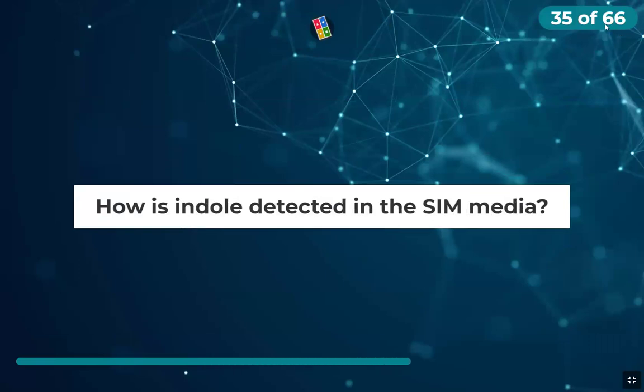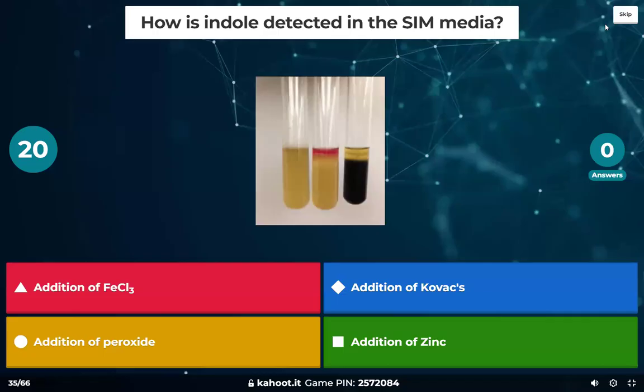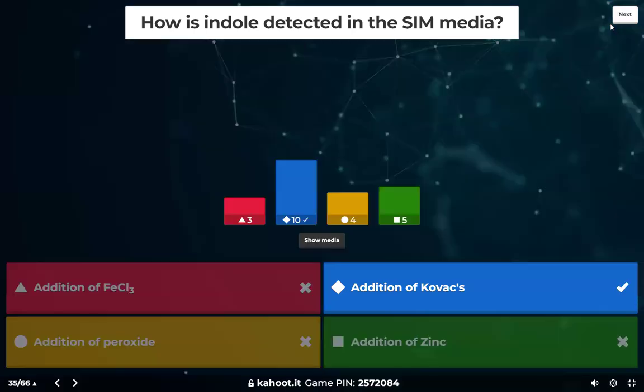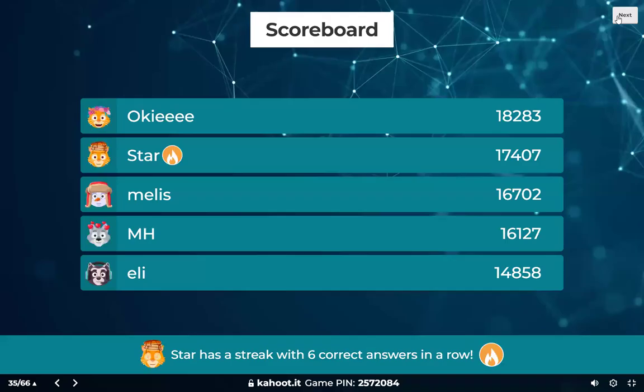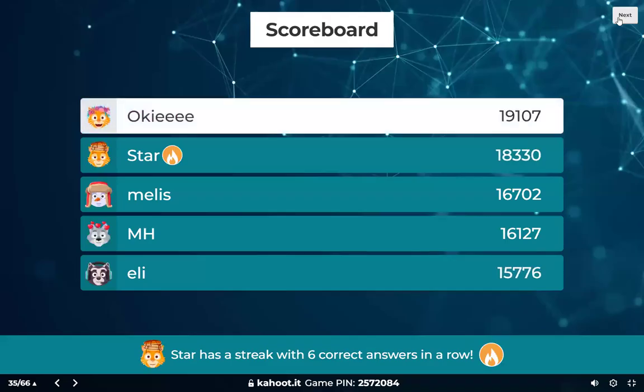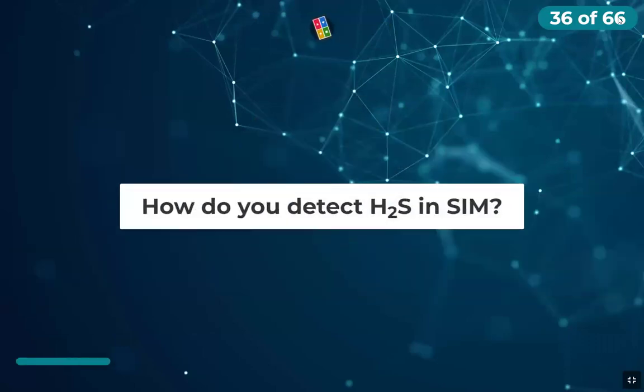How do we detect that indole in the SIM media? Okay, another common question from the exam. So that's Kovacs reagent for that one. Again, these are like flashcard types of things. You just have to know them.